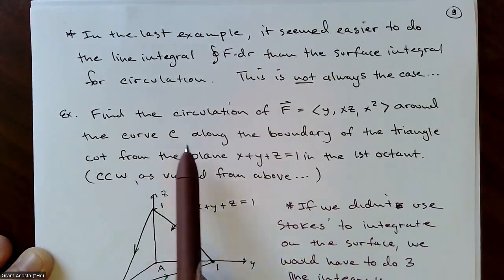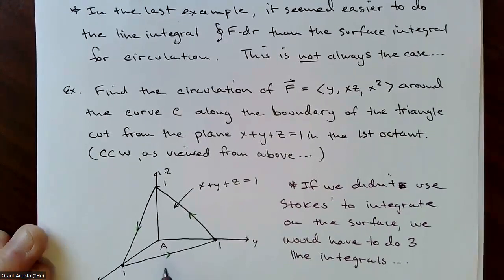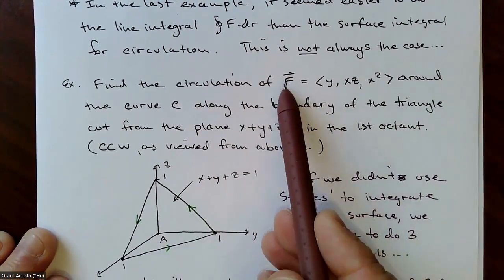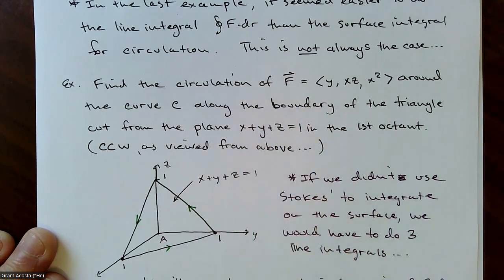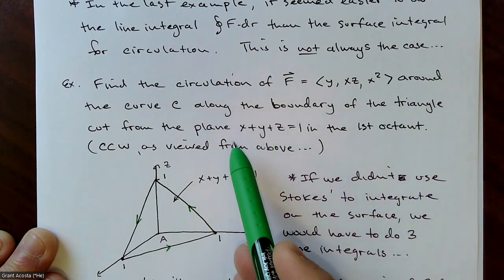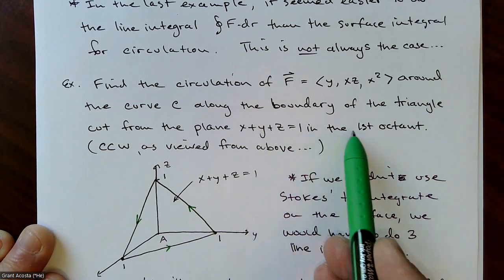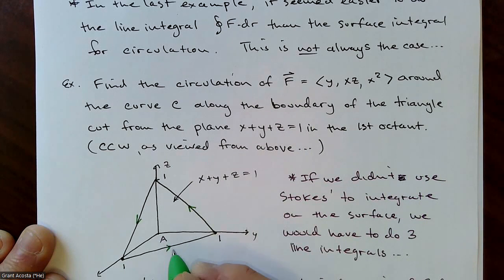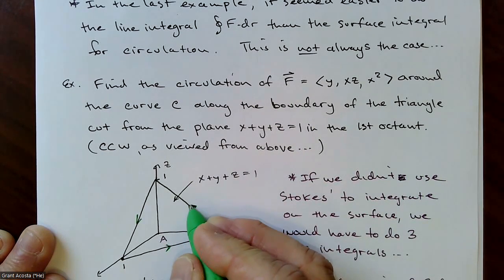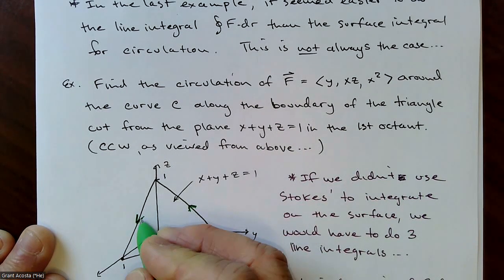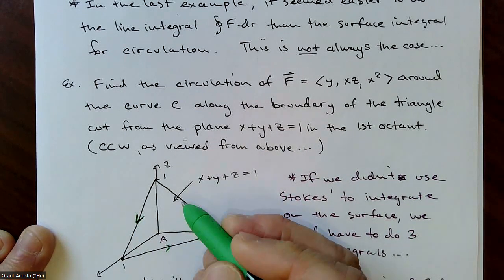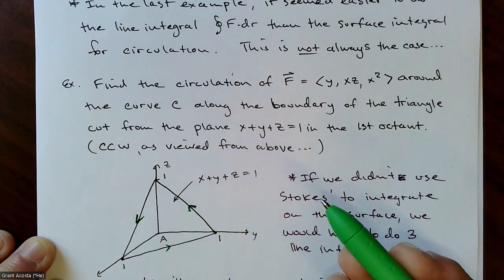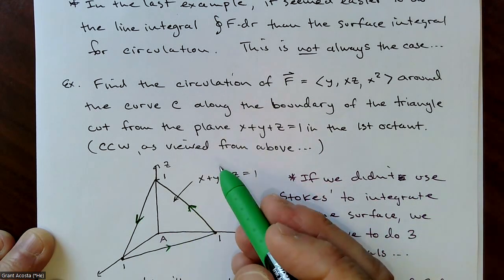So here's an example. We want to find the circulation produced by this vector field around the curve C that is bounded by the triangle cut from the plane x plus y plus z equals 1 in the first octant. And there's this idea of orientation. On the previous example, the orientation they gave us is they said, find the flux of the curl in the direction of the outward unit normal, a vector pointing outward.